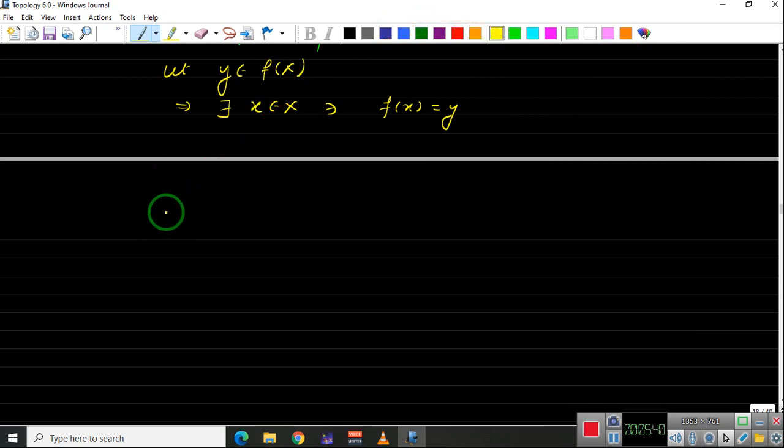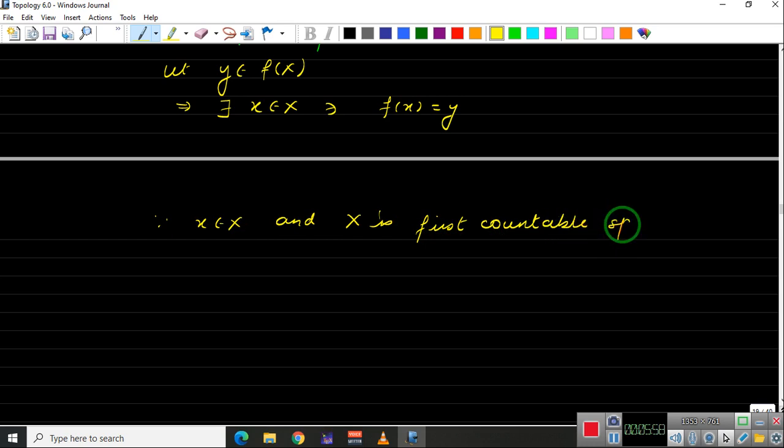Now we have this x in X. Since x belongs to X, and by hypothesis X is a first countable space, that means there exists a neighborhood basis for this x.